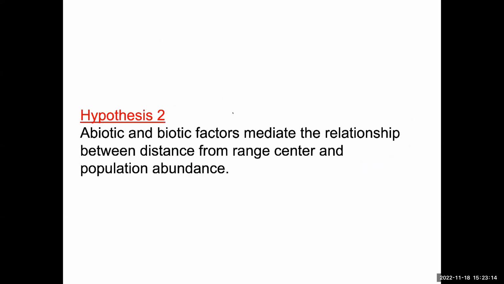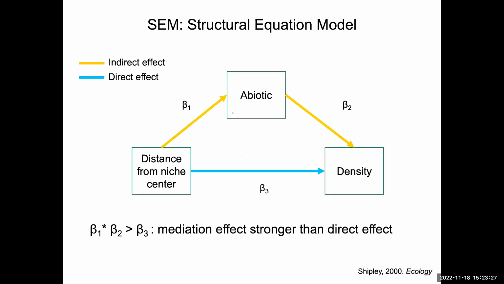Here I predict that abiotic and biotic factors mediate the relationship between distance from range center and population abundance. To test this hypothesis, I built a structural equation model. Here, distance from niche center could affect species density directly, via a reduction of climatic variables from center to periphery.